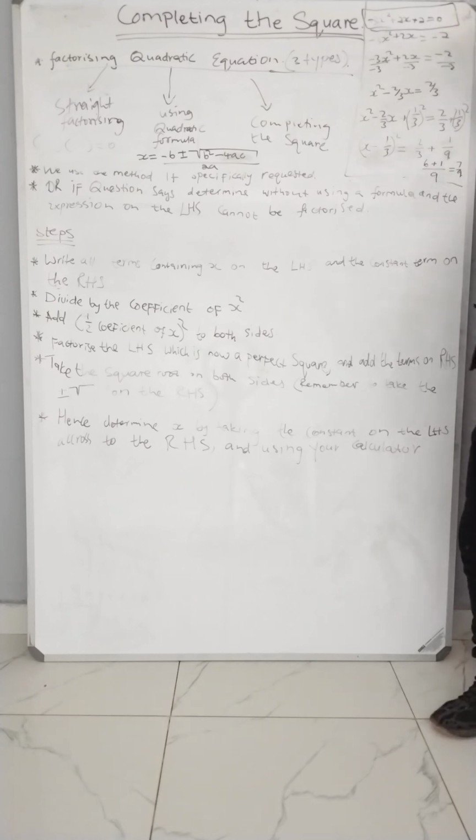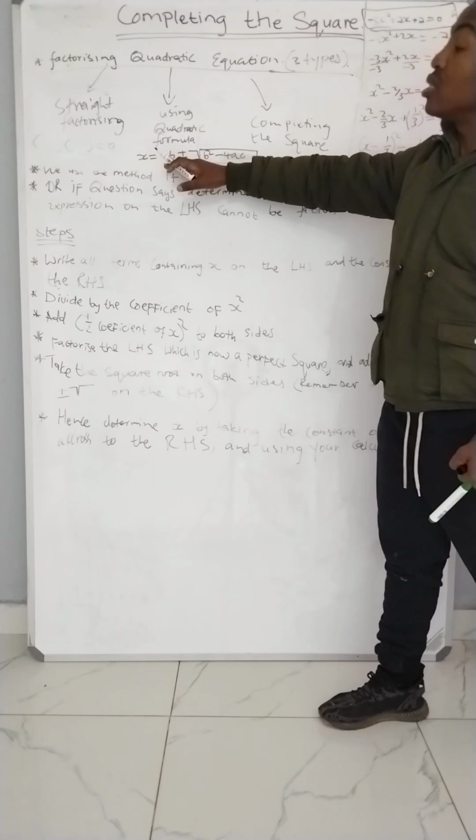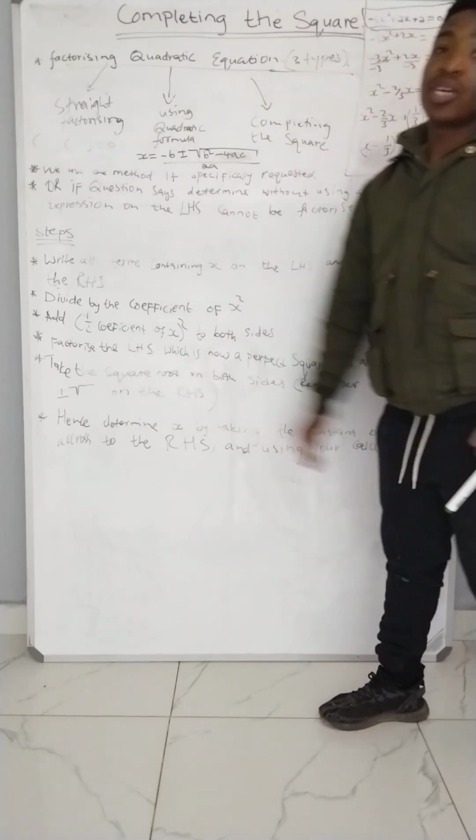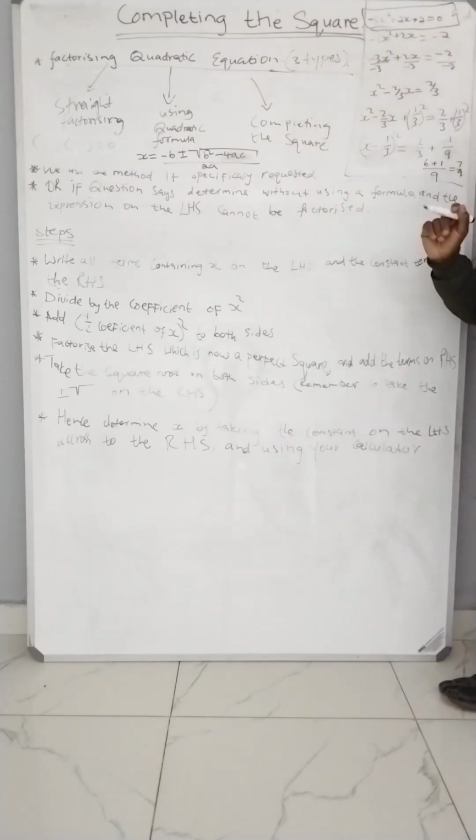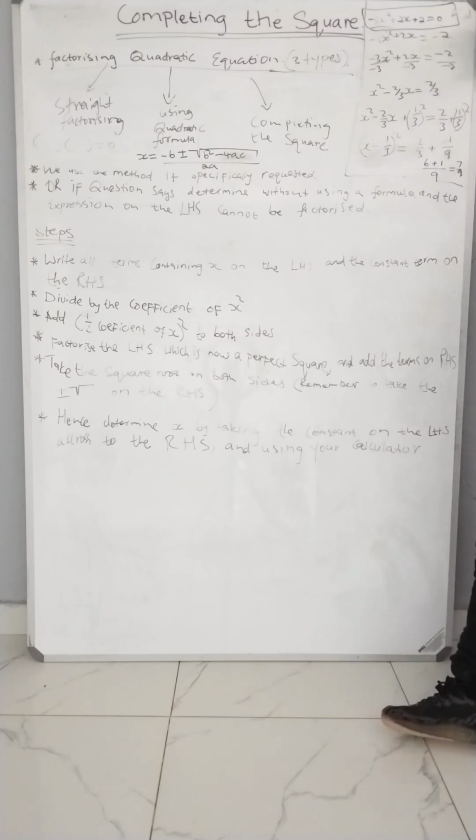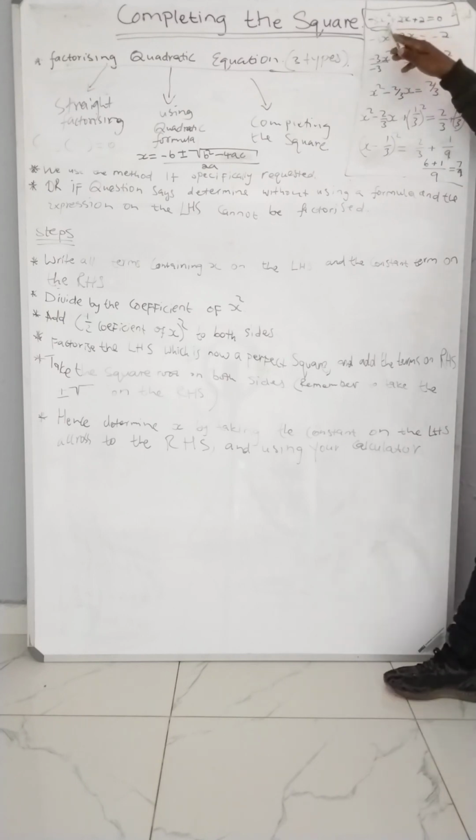Okay. Now, once your equation is in standard form, because here you need it in standard form, here you need it in standard form. Here is a bit different. But it has to first be in standard form. Once it's in standard form, then you take the constant, because these are variables.